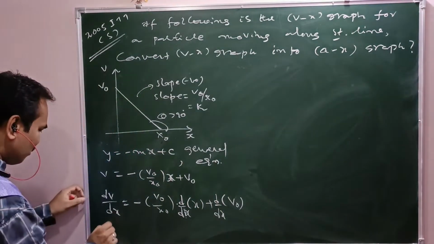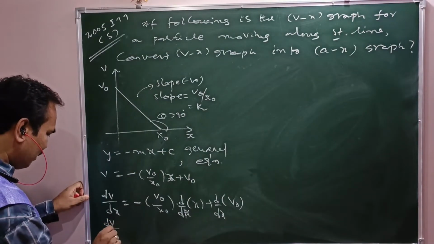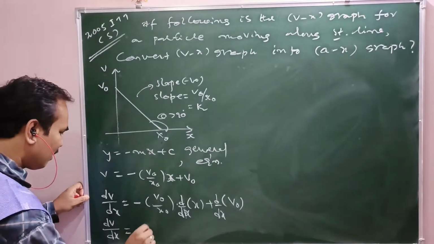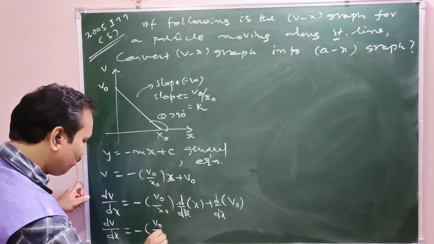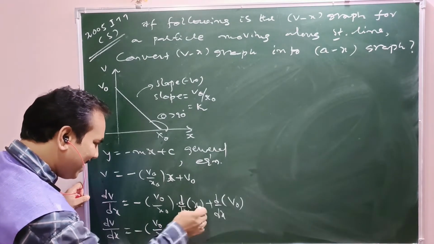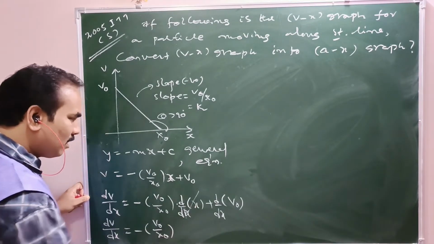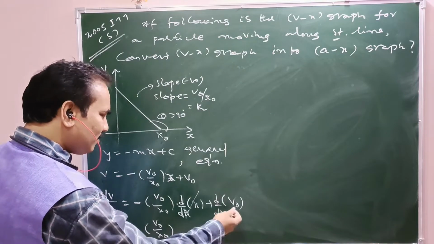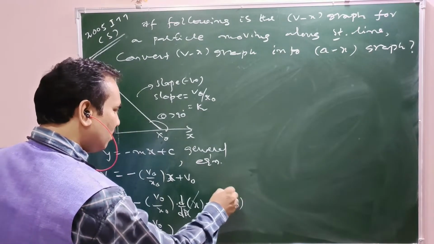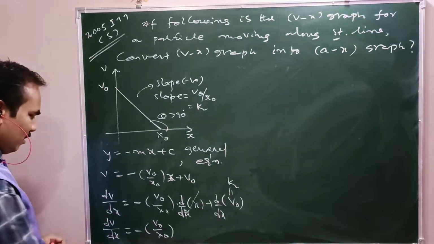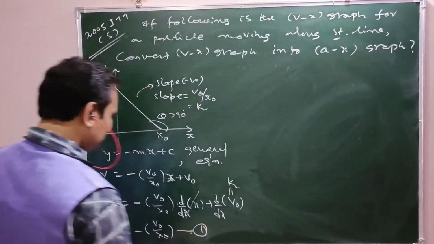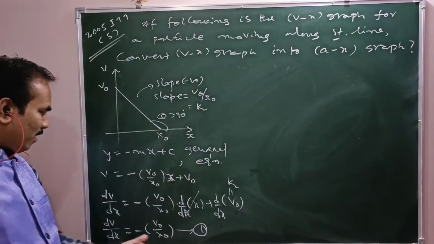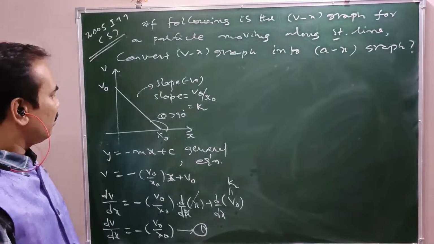So what is the ultimate answer here? dv by dx equals minus v0 by x0 into dx by dx, which is 1, cancels. d by dx of v0 is 0 since v0 is constant, right? So we are left with this one: dv by dx equals minus v0 by x0.